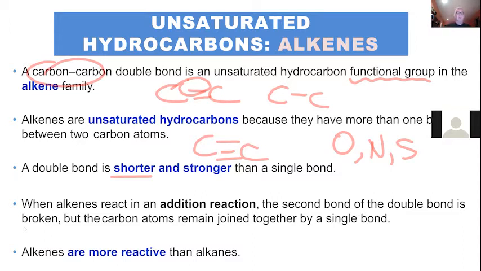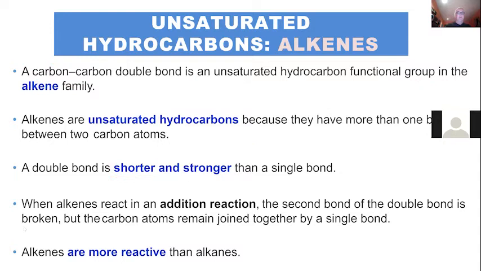They're also stronger than a single bond. I mean, it takes more energy to break a double bond than it takes to break a single bond, but it's not additive. So if I look at the energy of a single bond, when I add a second bond for the double, this second one is not as strong as the single bond.